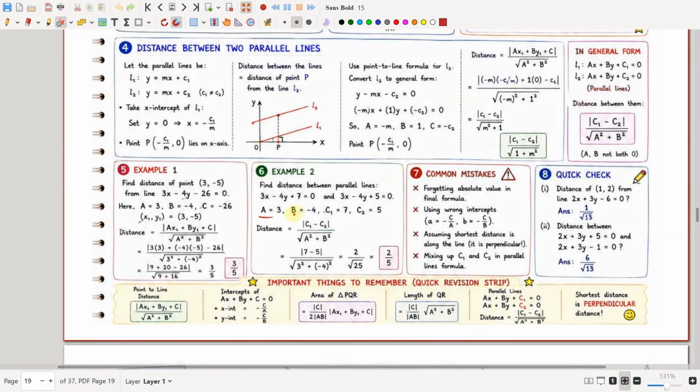So a is equal to 3, b is equal to minus 4, c1 is equal to 7, and c2 is equal to 5. So the distance will be the modulus of c1 minus c2 divided by root of a square plus b square, which is modulus of 7 minus 5 divided by root of 3 square plus minus 4 square, which is 2 divided by root of 25, which is 2 by 5. So the distance between these two parallel lines is 2 by 5.